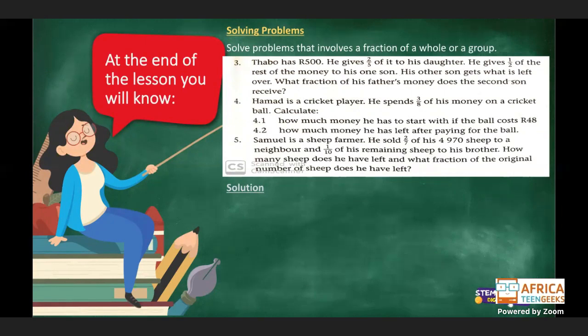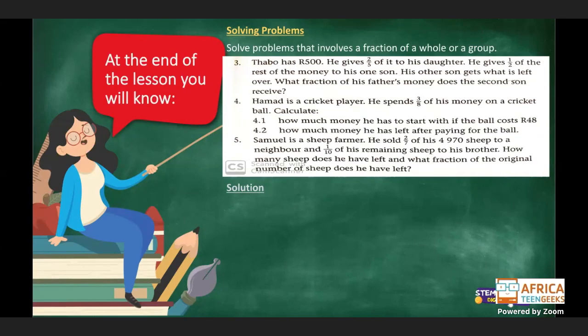But number 4.1 is asking us his total money, his 8/8, before he would buy a ball. They say how much money he has to start with, if the ball cost 48 rand. So how much money does he have before buying the ball?